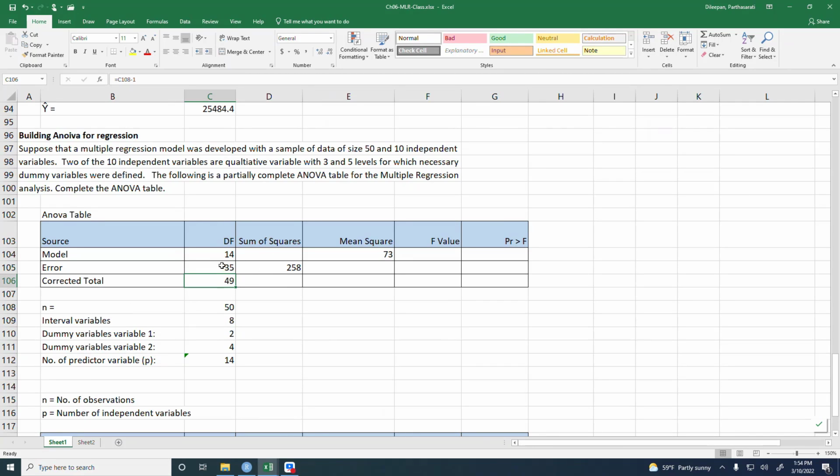So now we can divide the sum of squares by the degrees of freedom to get our MSE. So that would be that divided by the degrees of freedom. Okay. And the mean square is sum of squares divided by degrees of freedom. So sum of squares should be that times degrees of freedom.